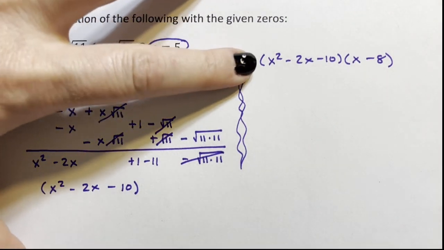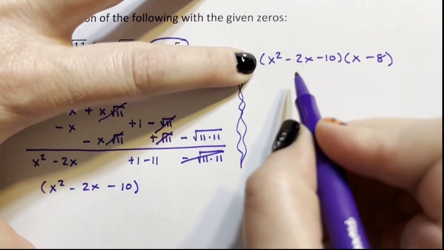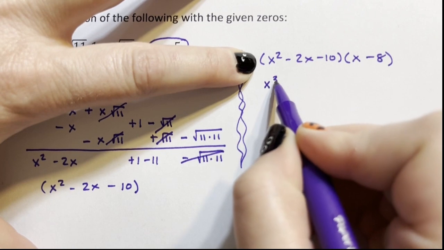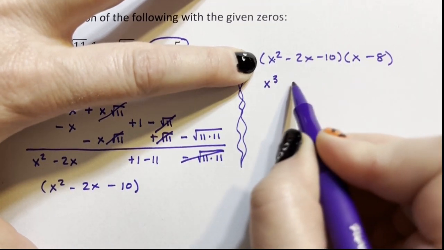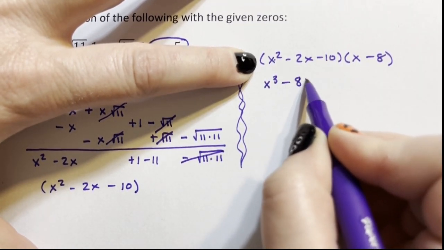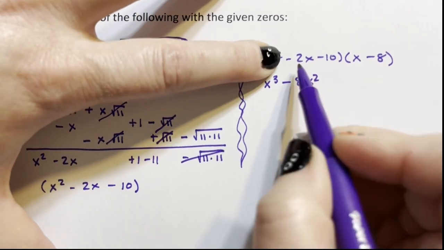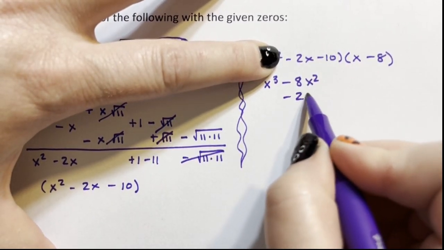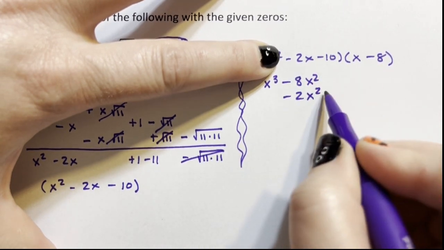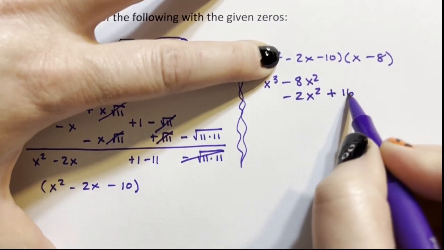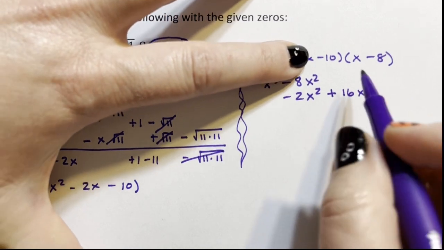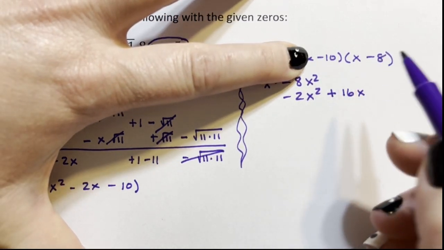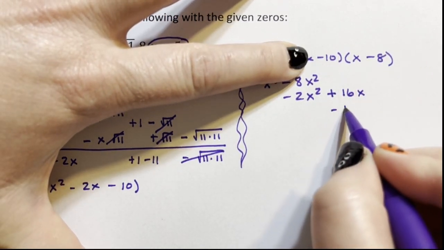So I'm going to do the same thing. X squared times x is x cubed. X squared times negative 8 is minus 8x squared. Negative 2 times x is negative 2x squared. Negative 2 times negative 8 is a positive 16x. Negative 10 times x is a negative 10x.